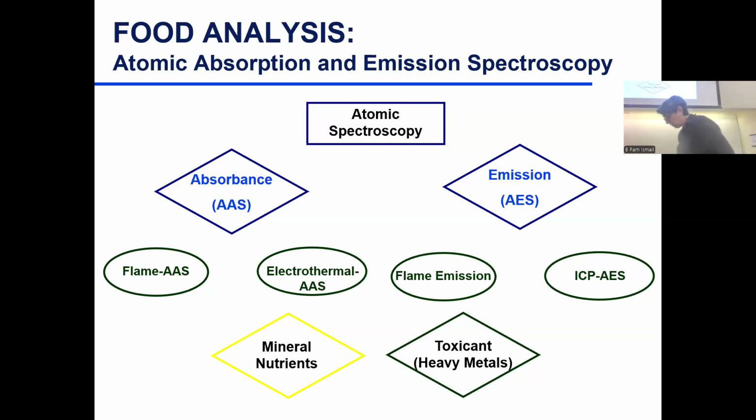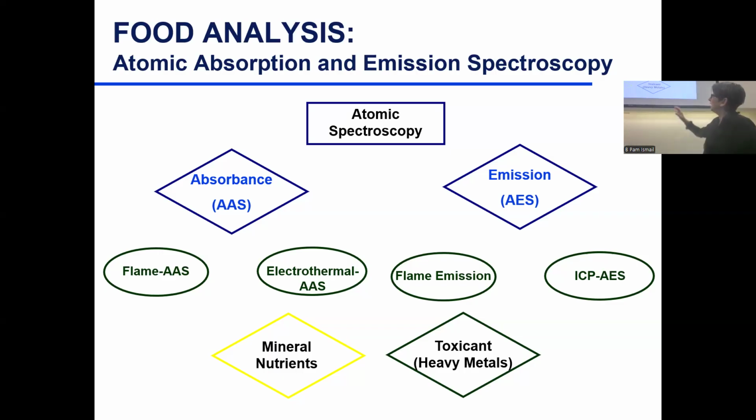And then you have the emission. You can also measure emission of atoms, and that's called atomic emission spectroscopy. And within absorption, you have flame atomic absorption spectroscopy, where Group C did use a flame atomic absorption unit.